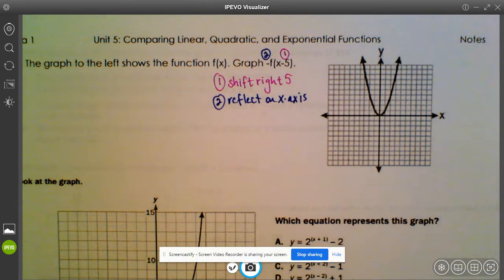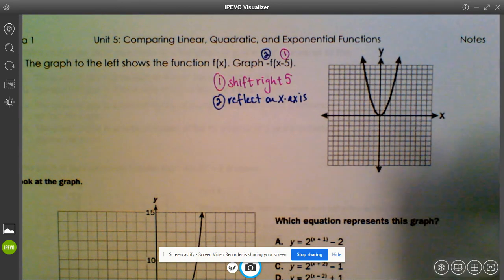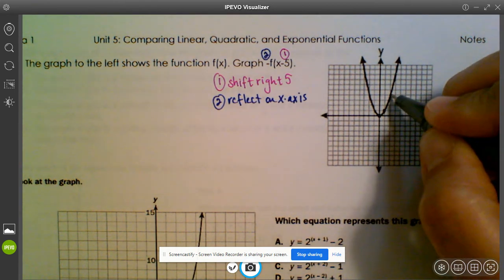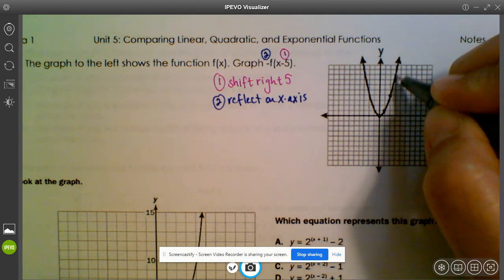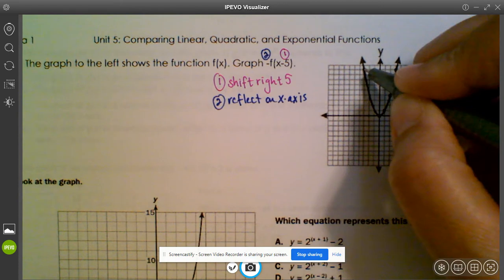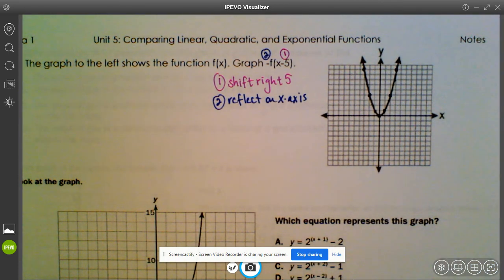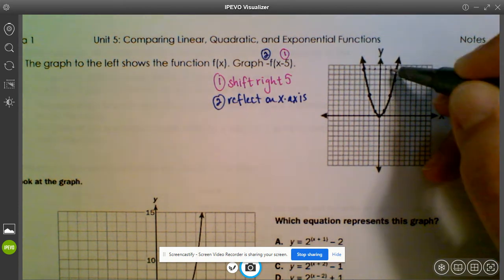Okay? And this is my standard parabola, x squared. So I know that 0 squared is 0, 1 squared is 1, 2 squared is 4, 3 squared is 9. So let me just plot these points on here because they will help me with my transformations. So step 1 says that we're going to shift every point that we know to the right. So that's what I'm going to do. I'll start here on the left. So we're going to go 1, 2, 3, 4, 5.